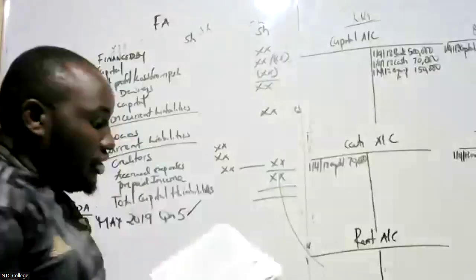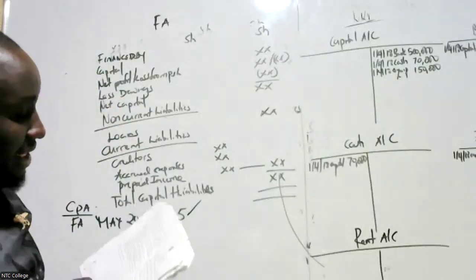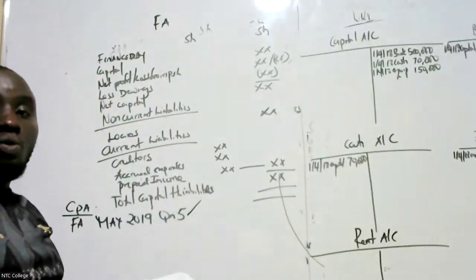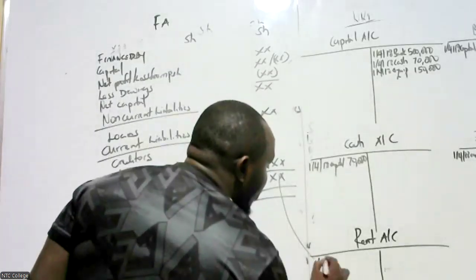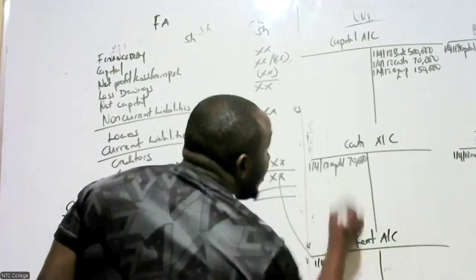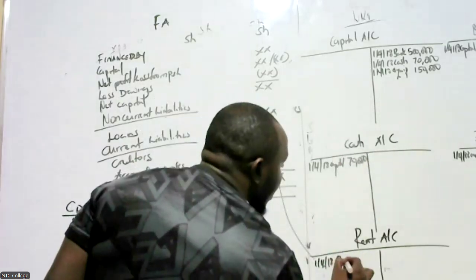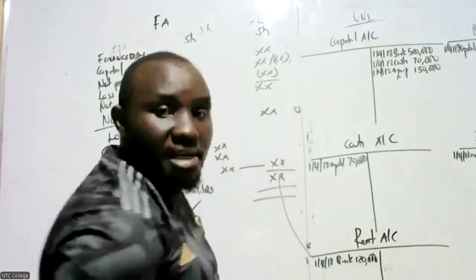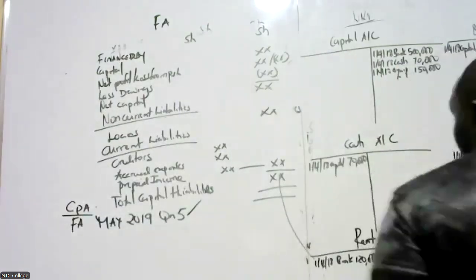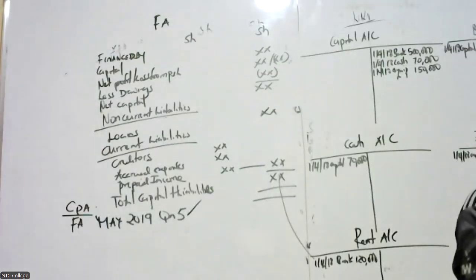First, we debit rent. So on 1st of 4 of 18, it's through the bank. We say bank, that is 120. Then on the bank account we credit again for 18. Call it rent, 120.